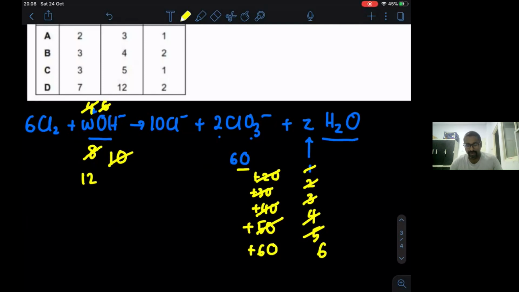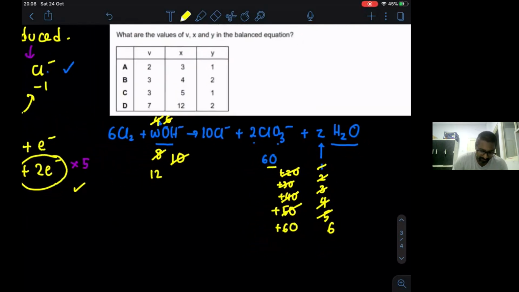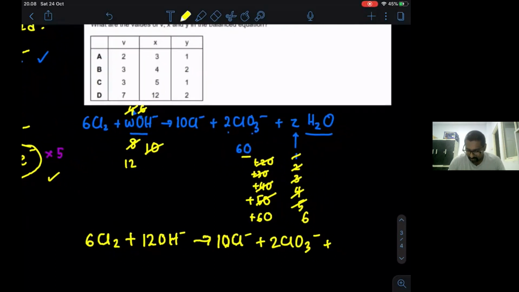So it's trial and error. What I found out is I am going to get 6Cl2 plus 12 OH minus to give me 10 Cl minus plus 2 ClO3 minus plus 6 H2O.